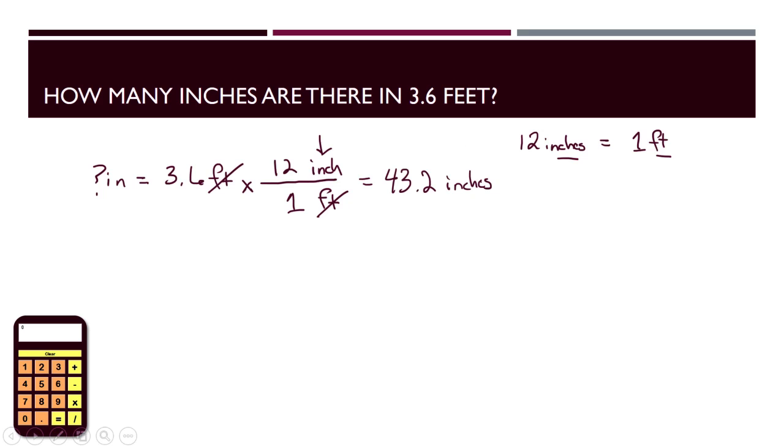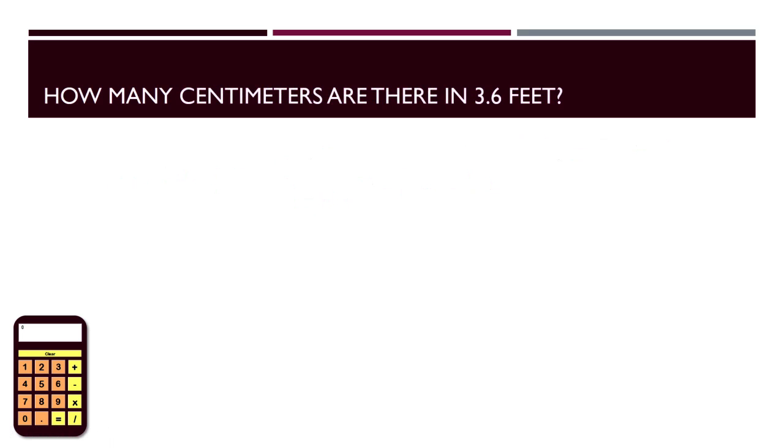All right. Well, let's move on to another one. So the next one, how many centimeters are there in 3.6 feet? Okay. In this one, first of all, our question is how many centimeters are equal to 3.6 feet, okay? Well, now we're going to need some way to convert between feet and centimeters.